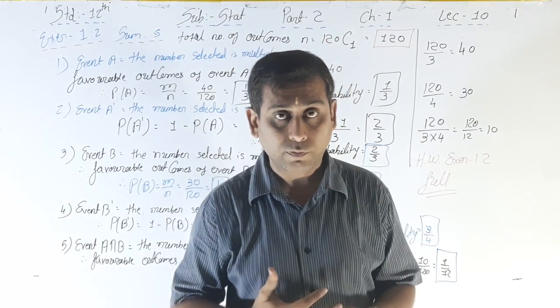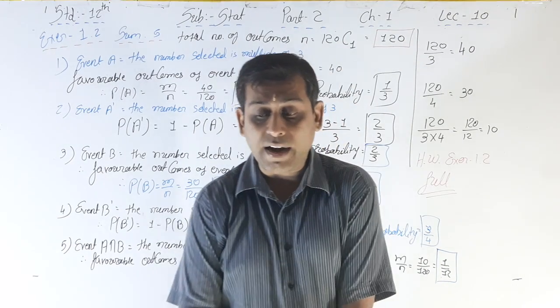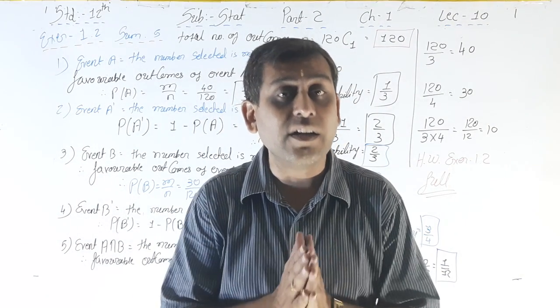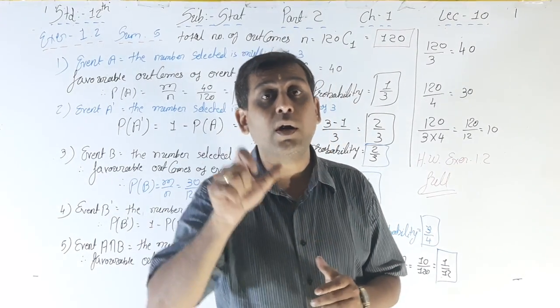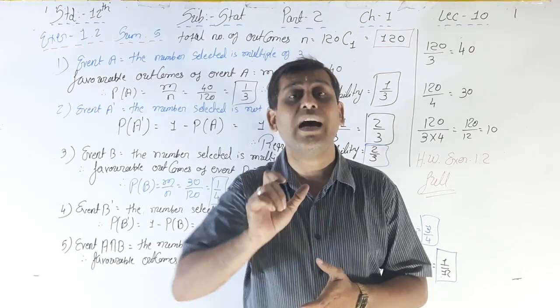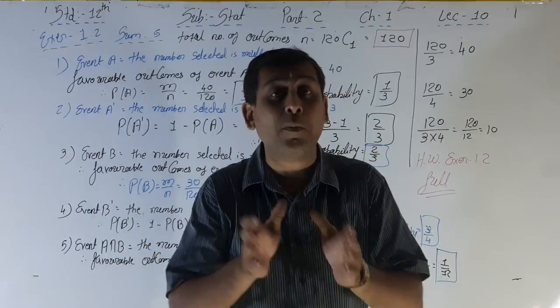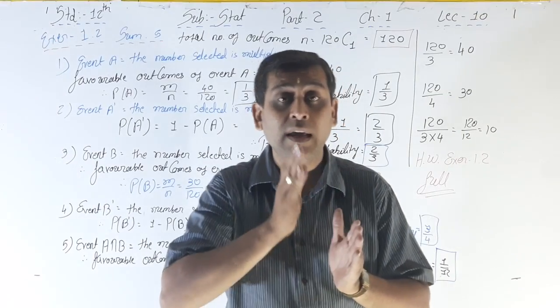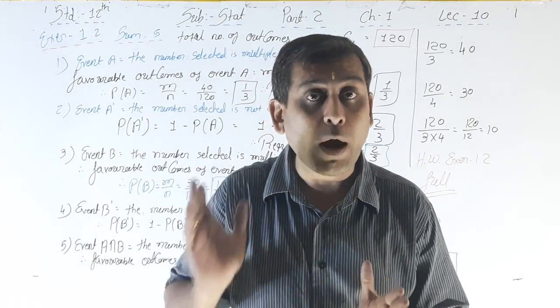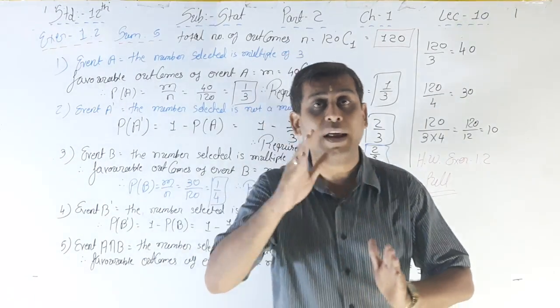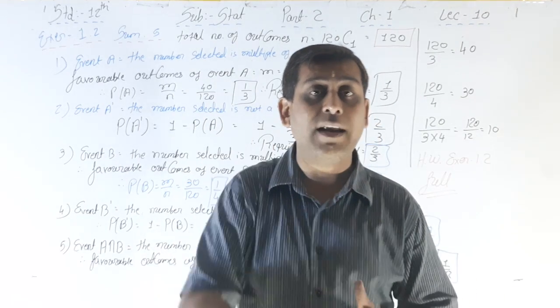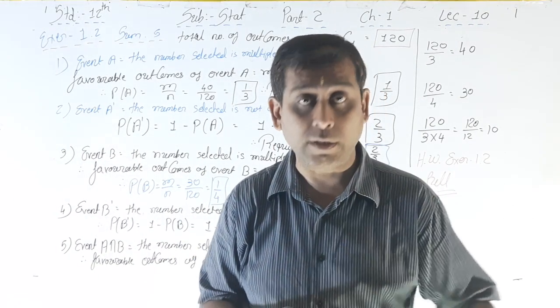The word RANDOM has 6 letters. So the total number of outcomes is what? We don't have to use C, that is combination. We have to arrange the 6 letters in different ways, and for arrangement we have to take permutations, right?